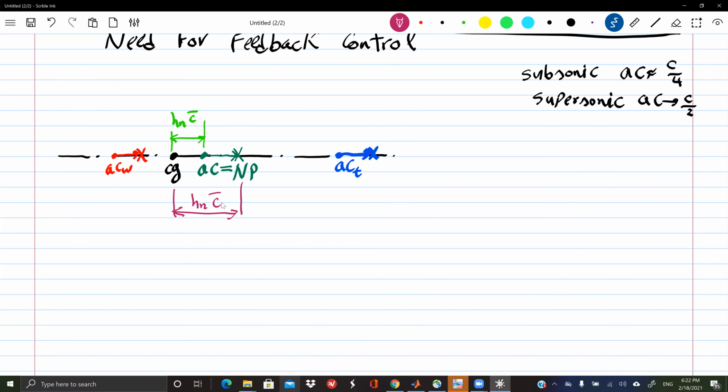Which means the airplane is heavily resisting disturbance. Remember, the airplane will not distinguish between a disturbance coming from the surrounding air, which is an actual disturbance, versus a pilot command. It will resist both in the same manner.